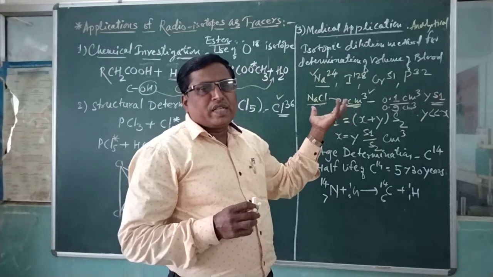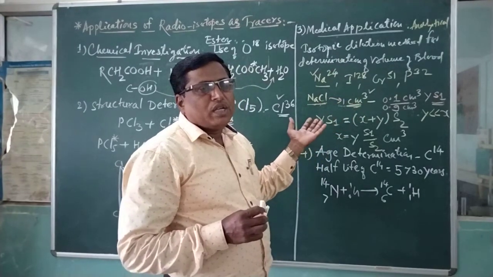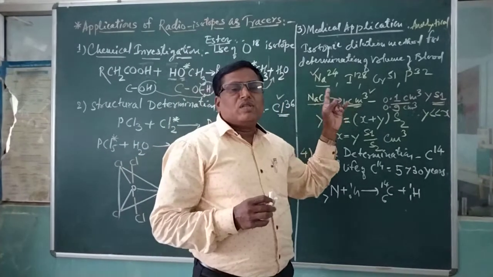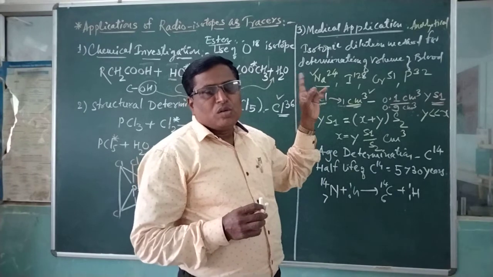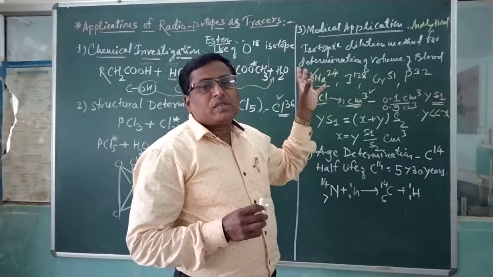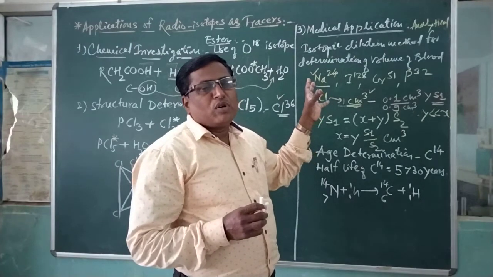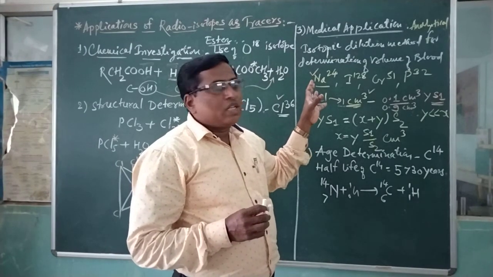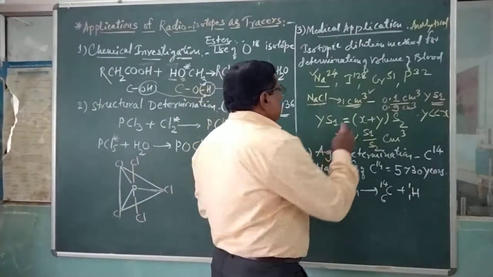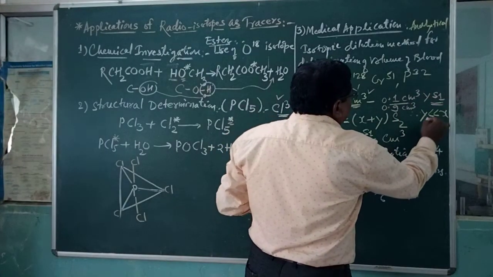After 5 minutes, 10 minutes, the circulation of blood occurs, and again 1 cm³ of blood is taken from the patient's body to check the specific activity of the blood after circulation. This is seen as S2.